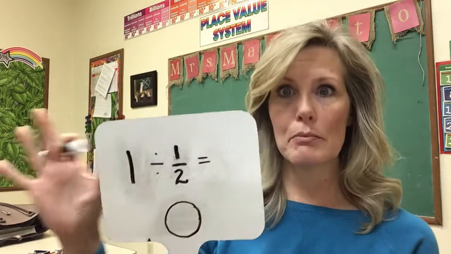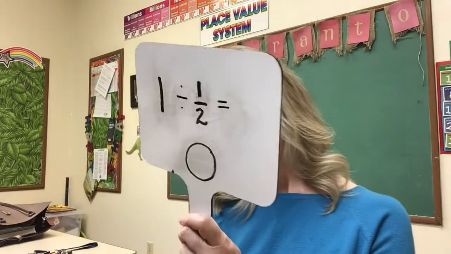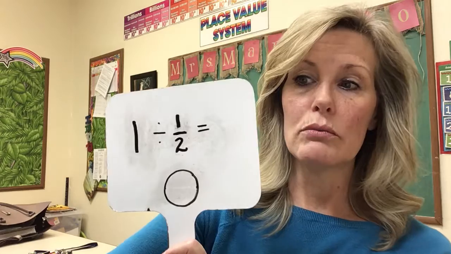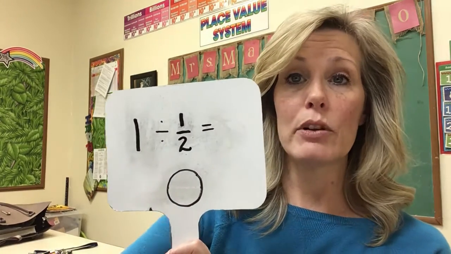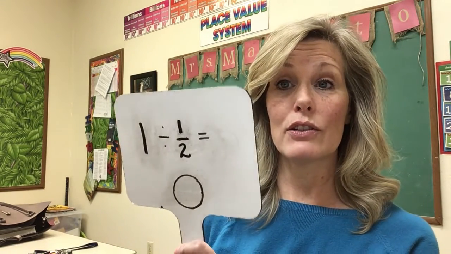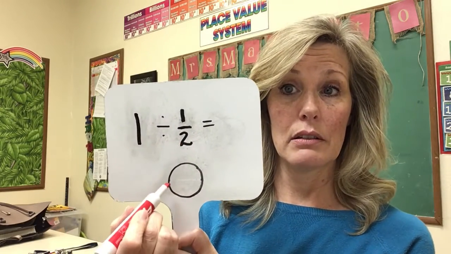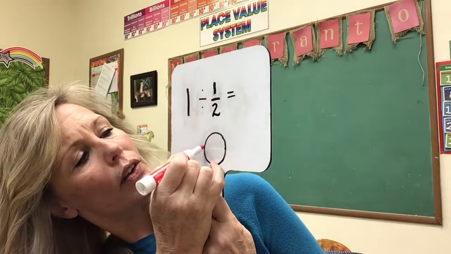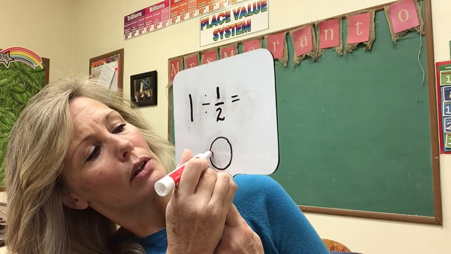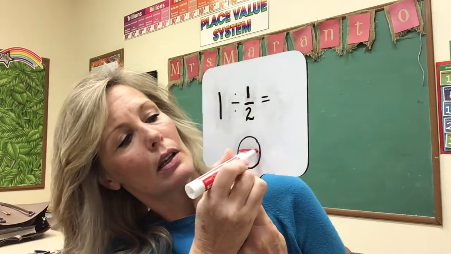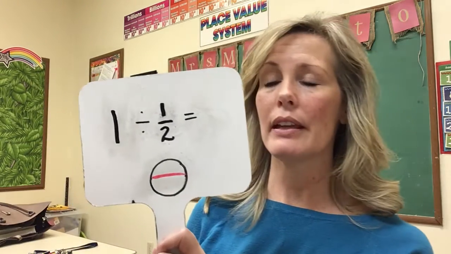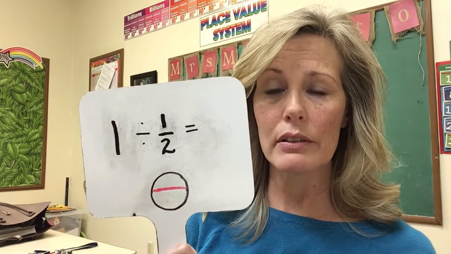All right, well, if I'm going to divide a fraction, I took something very simple to begin with. So I have one circle. And if I'm going to divide that circle into halves, let me do this. Now, I took that one thing and I divided it into halves.